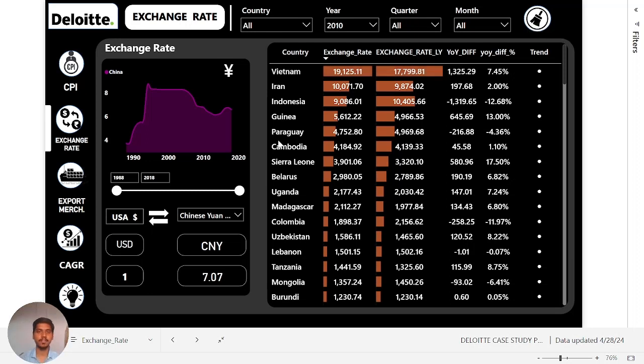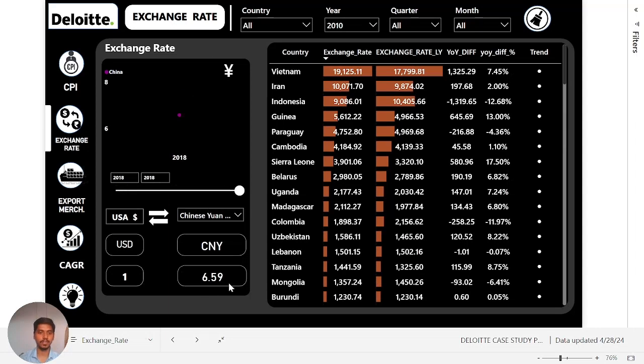On the left side you can see that we have the exchange rate visual. This is the symbol of your currency. Whichever currency you want, you can select from here. Right now I have selected Chinese yuan. If you want to know what my exchange rate was in 2018 for China, you can find that for buying one US dollar you need to pay 6.59 Chinese yuan in 2018.